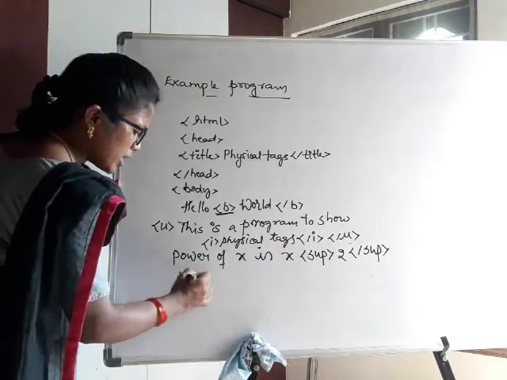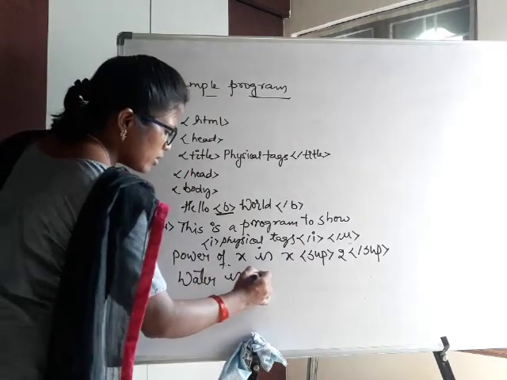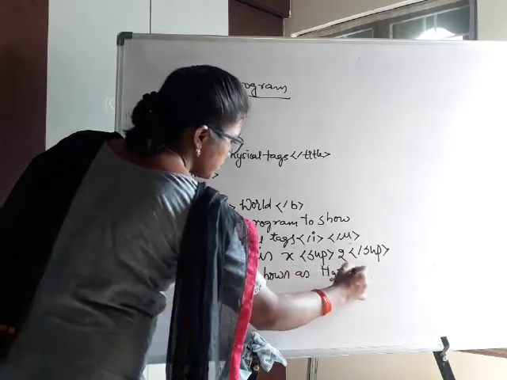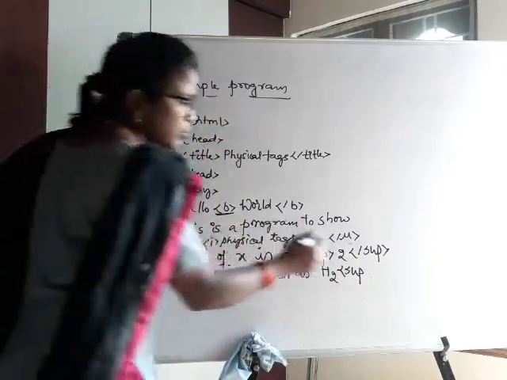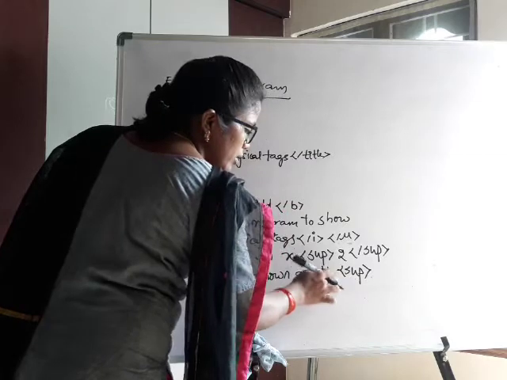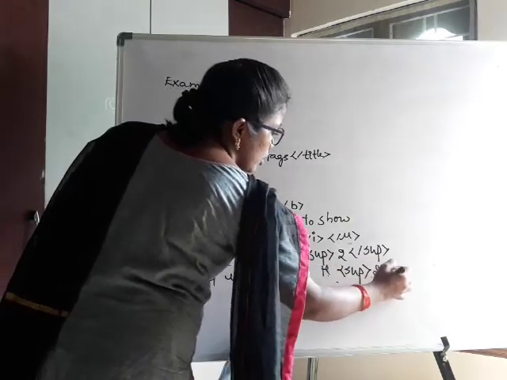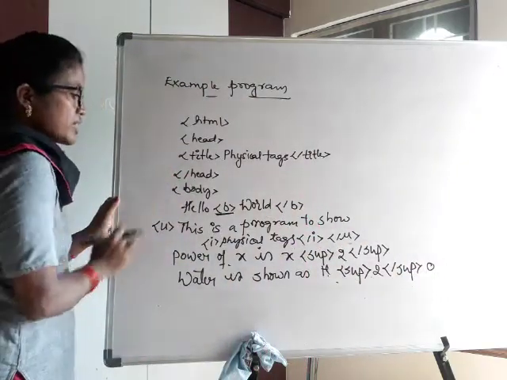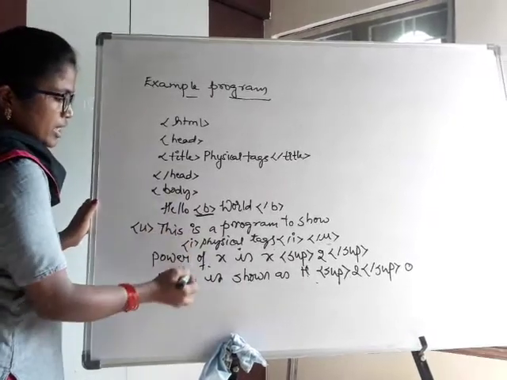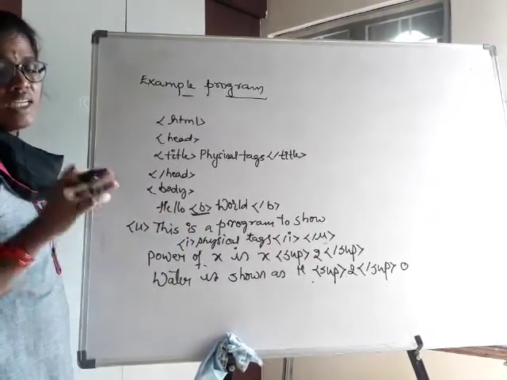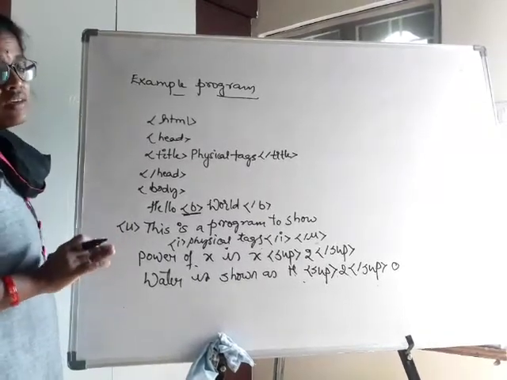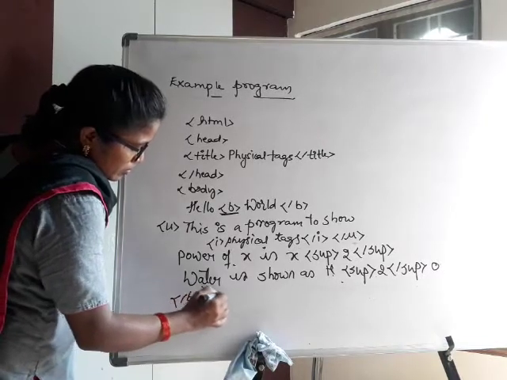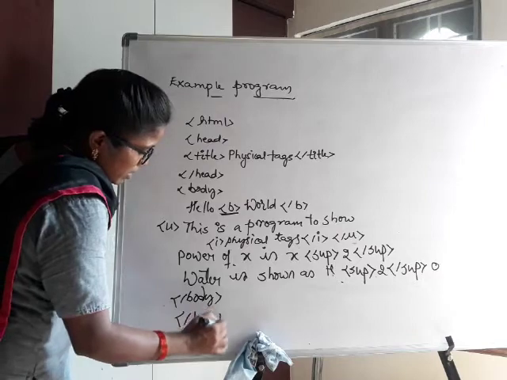And water is shown as H, subscript 2 — this 2 will come inside the subscript. Close the subscript and then O. Like this I have covered B, underline, italic, superscript and subscript. Here we can use TT, big, small, strike through and other physical tags as well. So I am closing the body tag and I am closing the HTML tag.